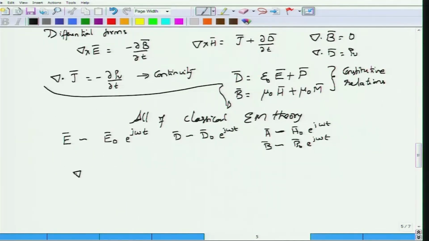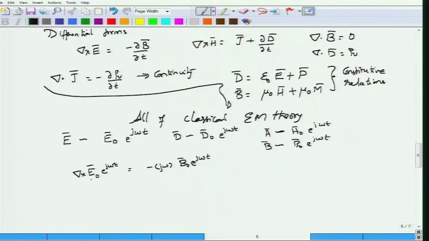Well, if you take the curl of this electric field, curl of E0 e power j omega t must be equal to minus del B by del t, and B is B0, and time variation is happening only in e power j omega t. So, I can differentiate e power j omega t to get j omega, and then I get B0 e power j omega t.